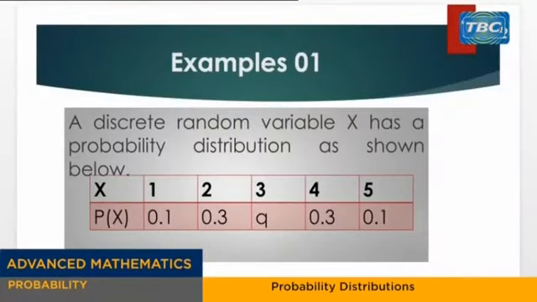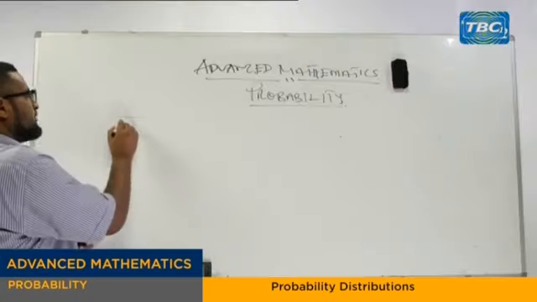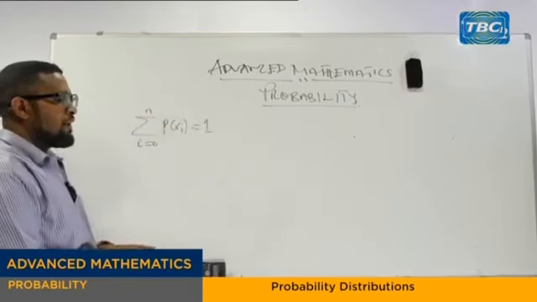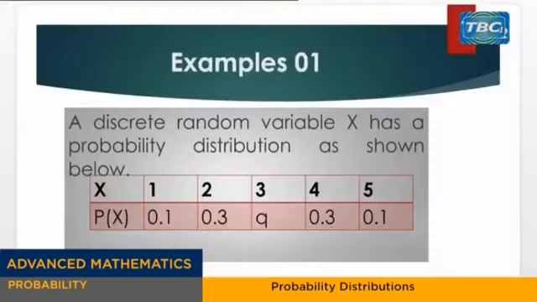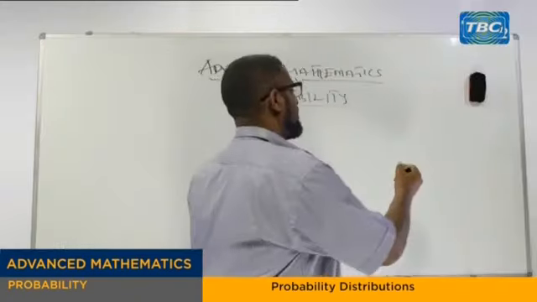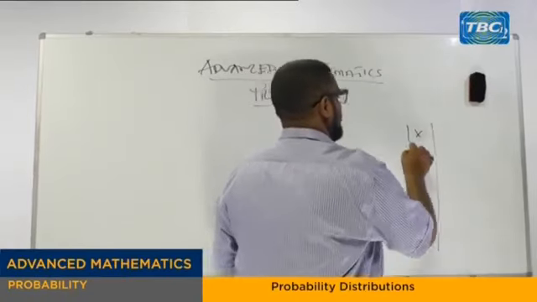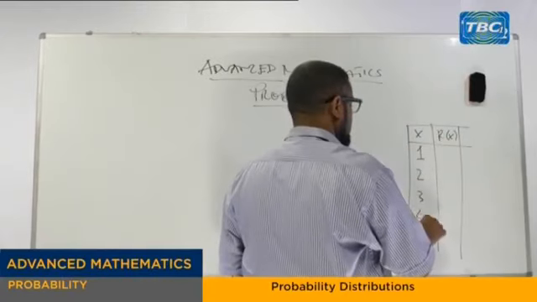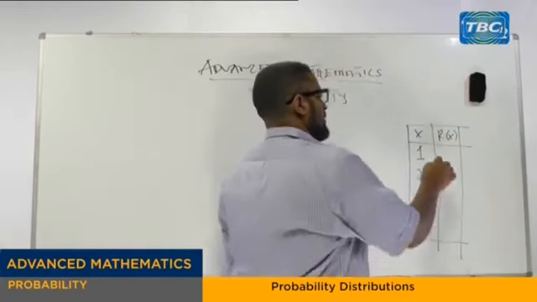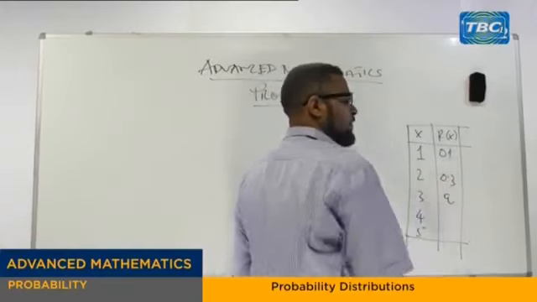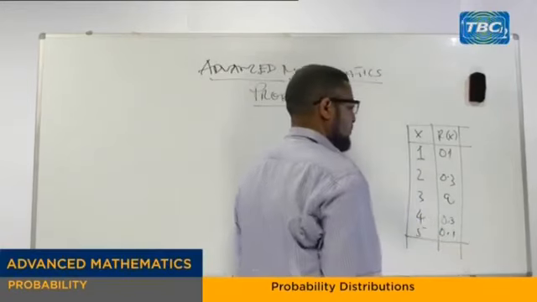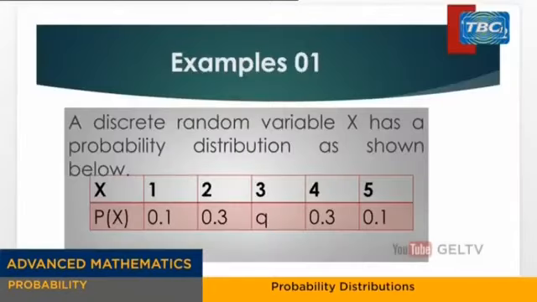Because we are given probabilities, the formula is the summation of probability from i equal to 0, and this gives 1. Here i stands for those numbers when x is equal to 1, 2, 3, 4, and 5, the variable x and their respective probabilities: 0.1, 0.3, q, which is unknown and that we are supposed to find, then 0.3 and 0.1.